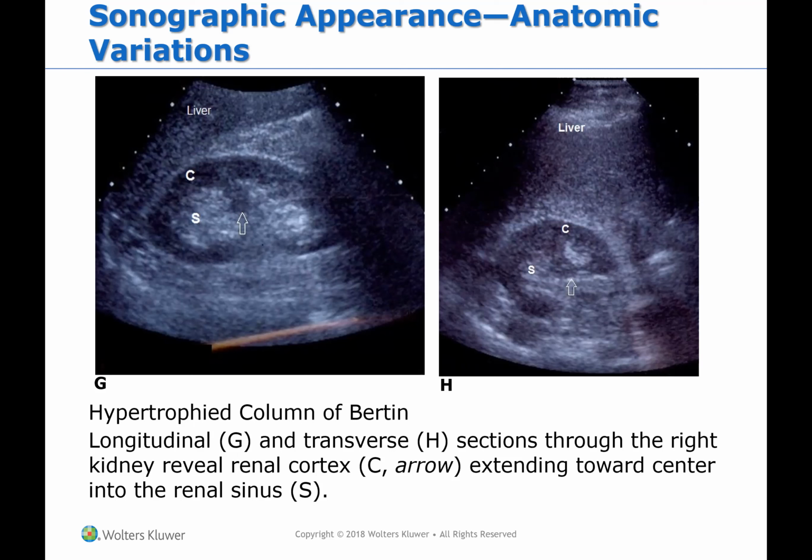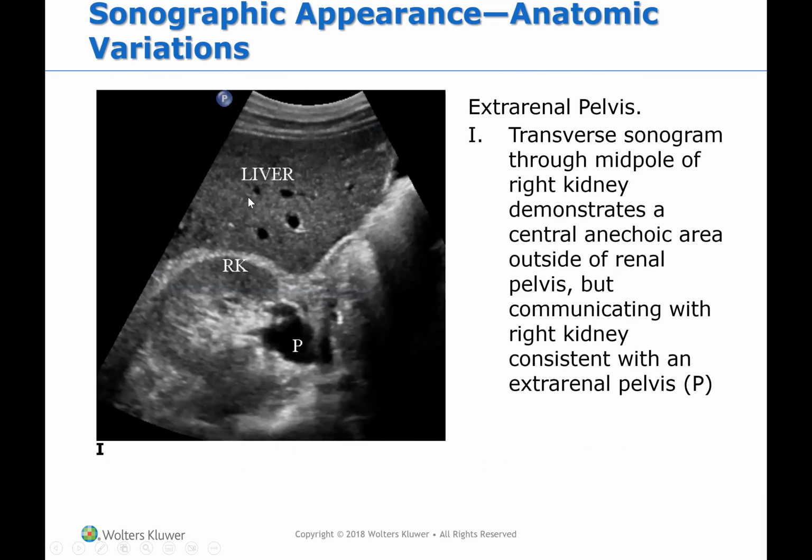So when you see something like this and you see that the renal sinus is not continuous due to an extra hypoechoic area, it makes you think that potentially this could be some kind of pathology, but it's usually just an extension of the cortex called a column of Bertin. And that's what this arrow is pointing to on both sides. So you can see how it extends into the sinus.